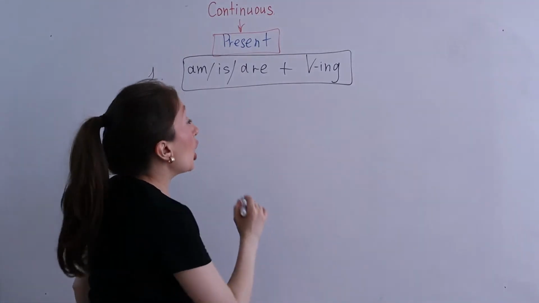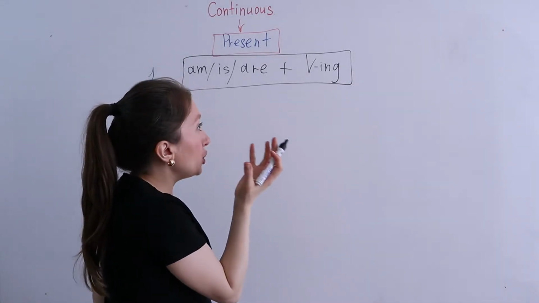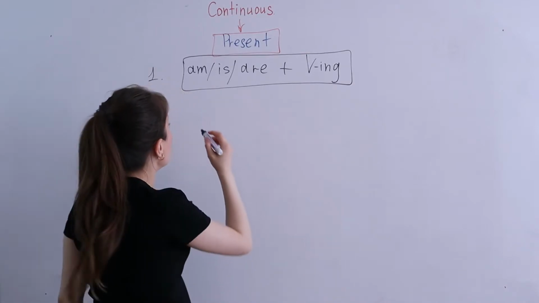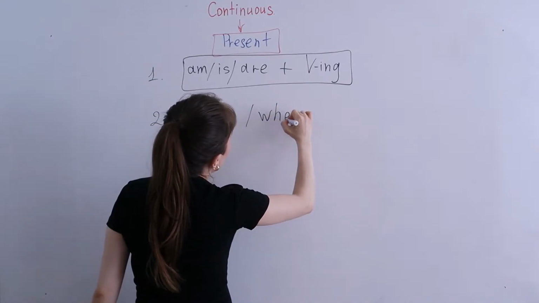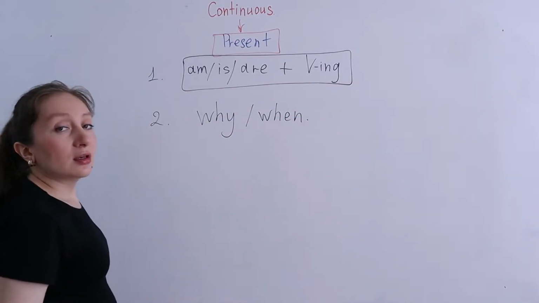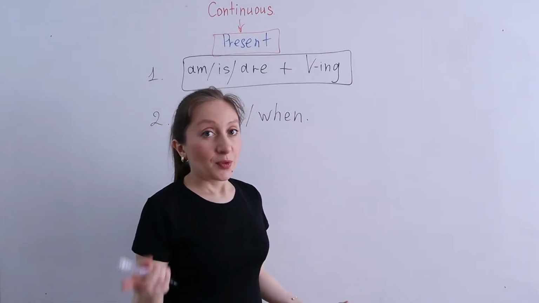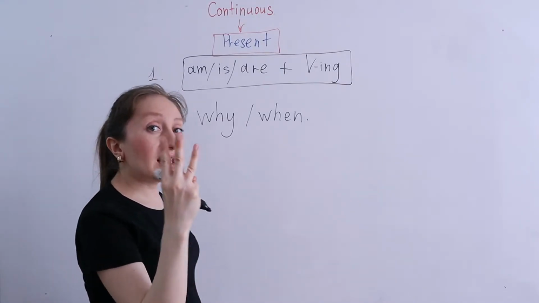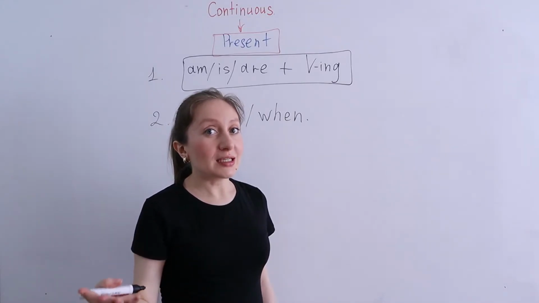Do you remember? We have to understand why we should use the present continuous, or when we should use it, right? Why and when questions. So in this case, number 2, I will explain to you giving some examples. At this level, I will give you 3 cases when we use present continuous.